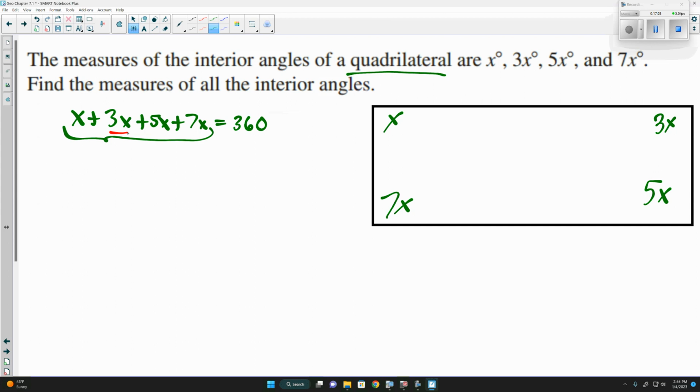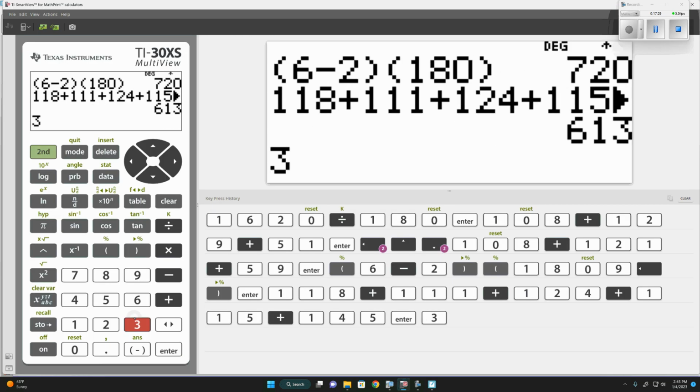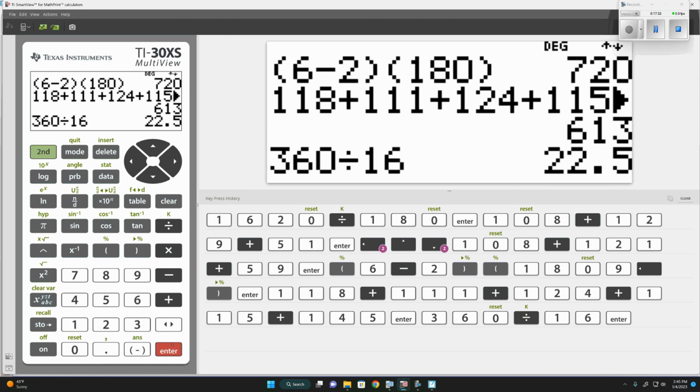Well, 3x and 7x, 3 and 7 is 10, plus 5 is, plus 1 is 16x. 16x equals 360, so x is 22.5.